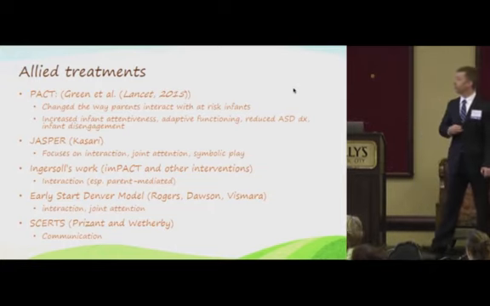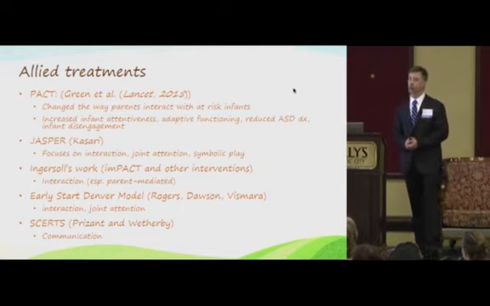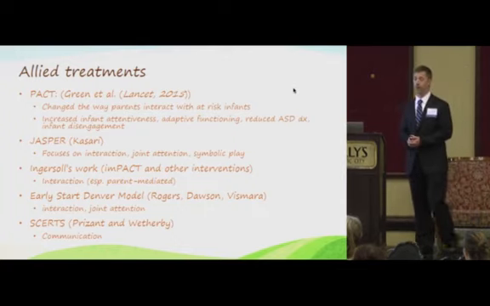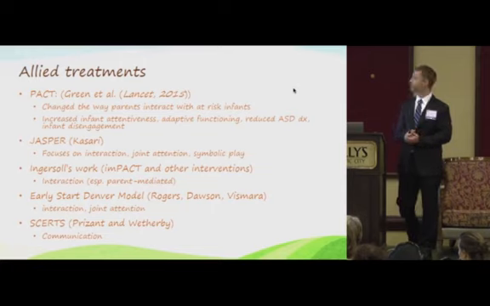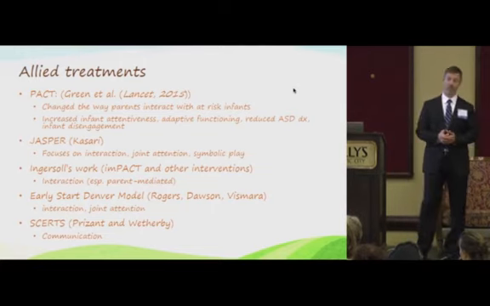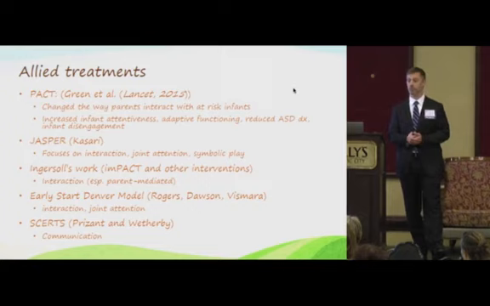But there's a group in England led by Green and Aldred, who work on this kind of thing, and they have shown a number of things about the importance of interaction. So, for example, they just published a study in The Lancet where they worked with parents of children at risk for autism and taught them different ways of interacting, basically improved their interaction skills.